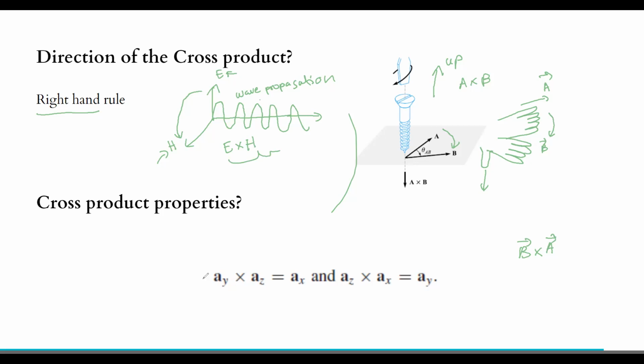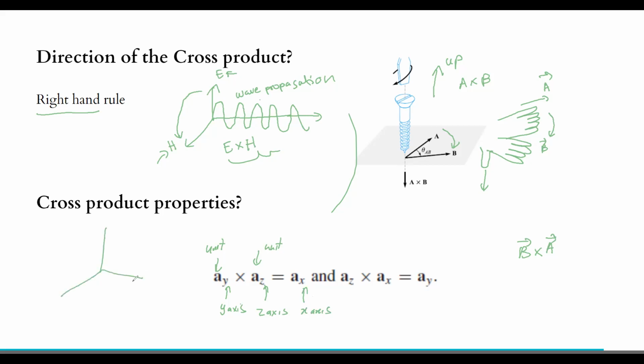And next, the cross product properties, right? One of the special properties of the cross product will be this, right? If we have a certain unit vector along the y-axis, and this unit vector along the z-axis, then the resultant will be a unit vector along the x-axis, right?